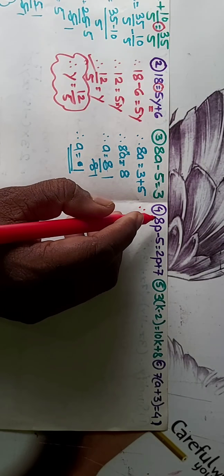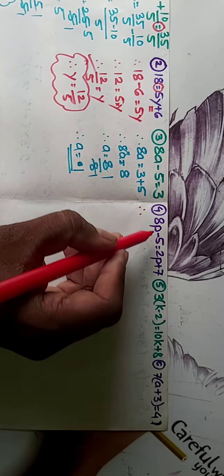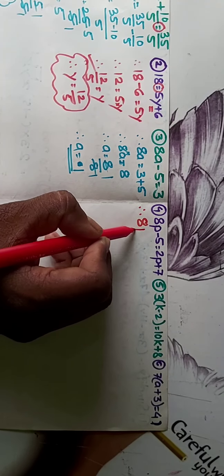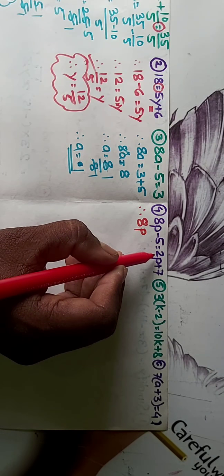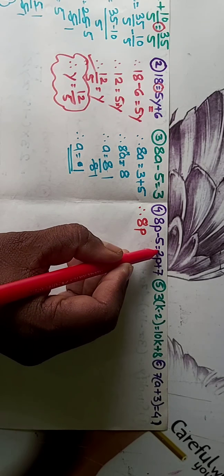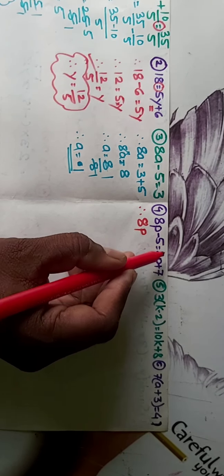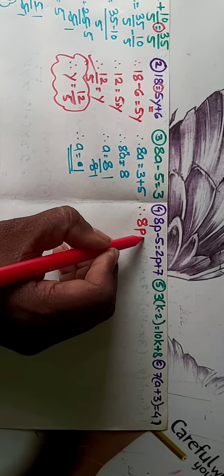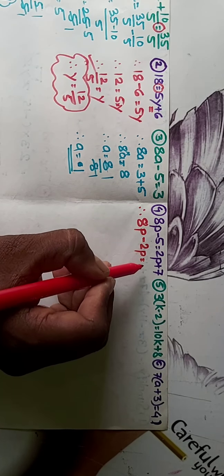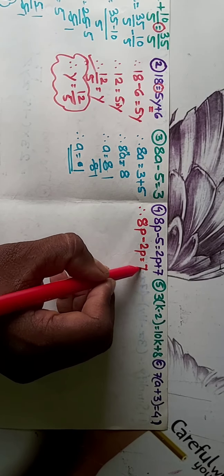Now here students, like terms we have to take 8p. Here this 2p has no sign, which means always a plus sign, so when that is transposing to this side, it becomes minus 2p is equal to this plus 7 as it is.